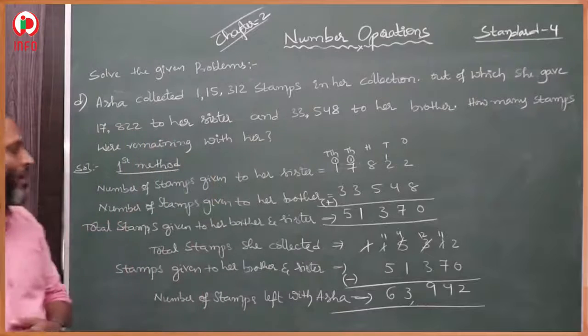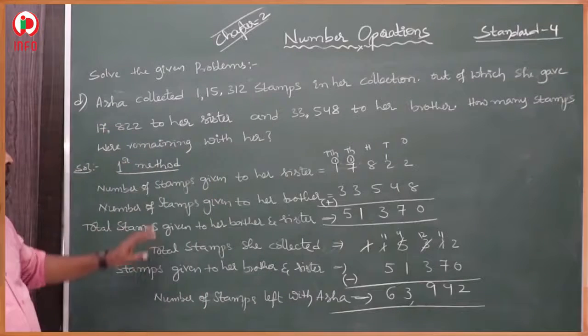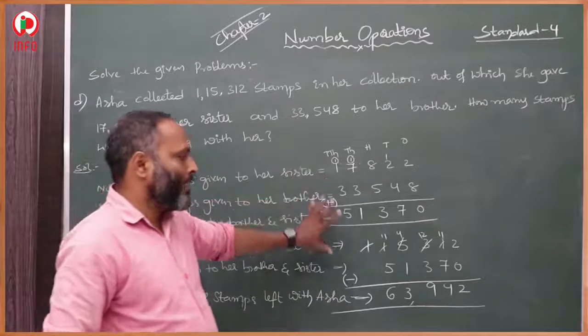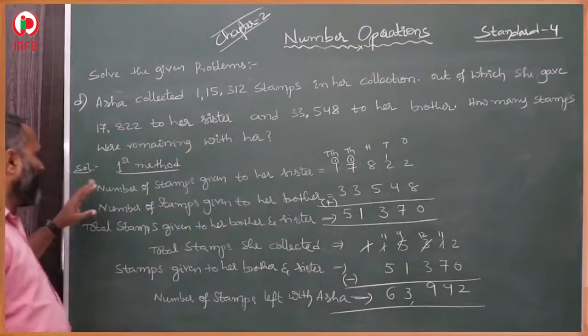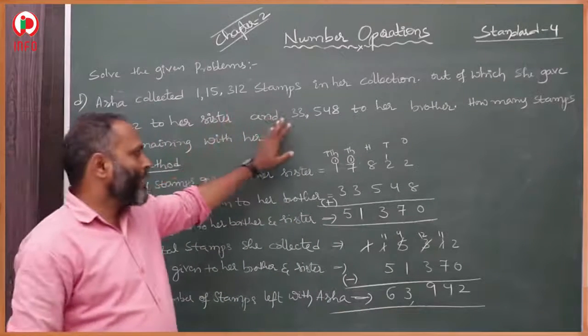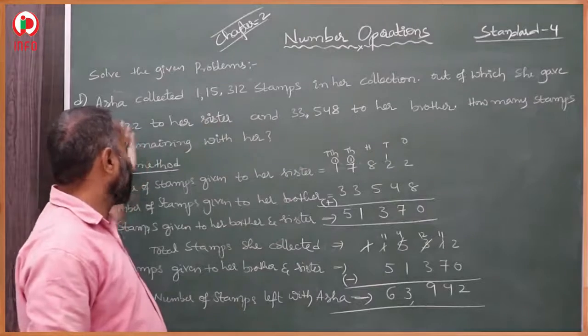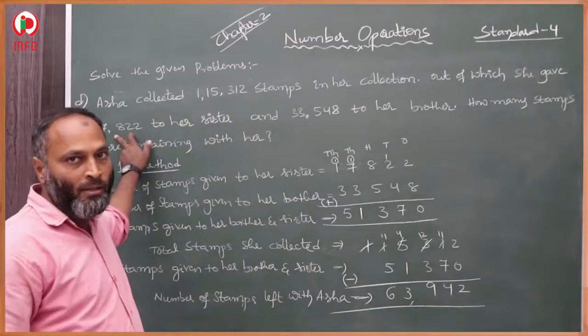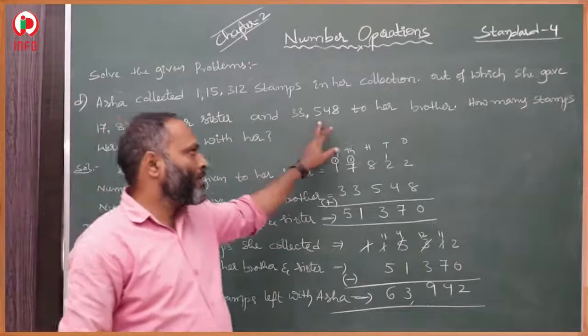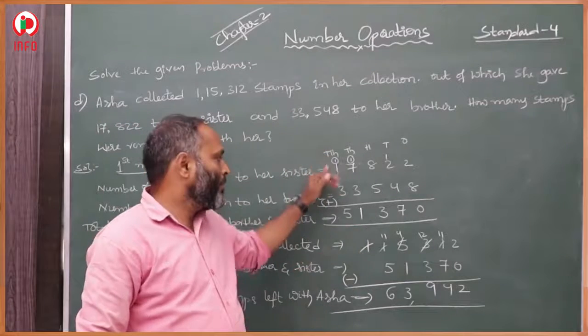These many stamps left. In this question, first we added, addition is there and subtraction is there. What we added here? We added the number of stamps she gave to her sister and brother. This many stamps given to her sister and this many stamps given to her brother. Both we added.